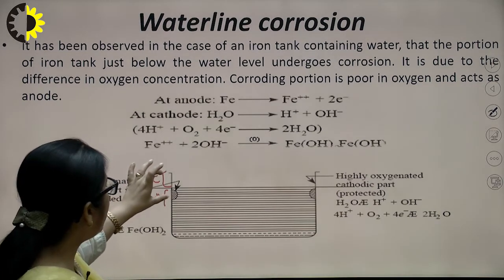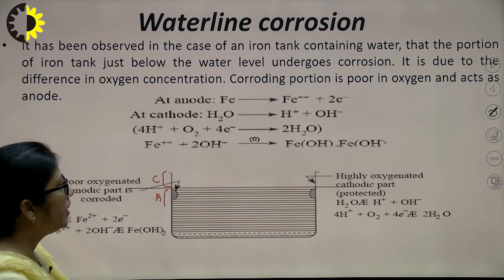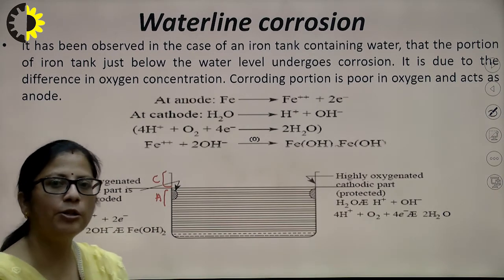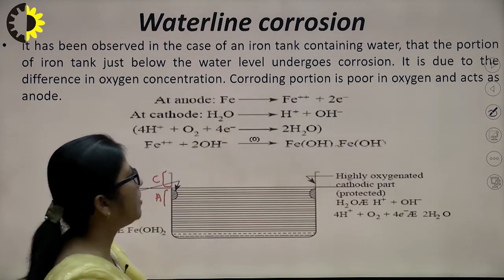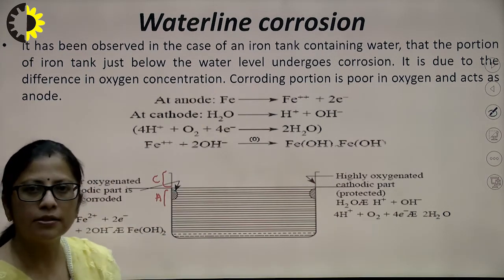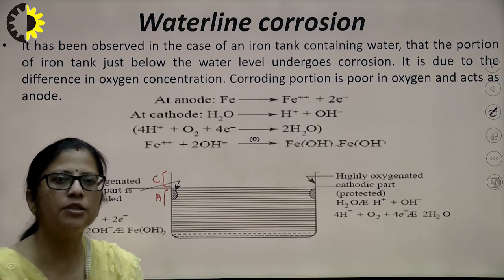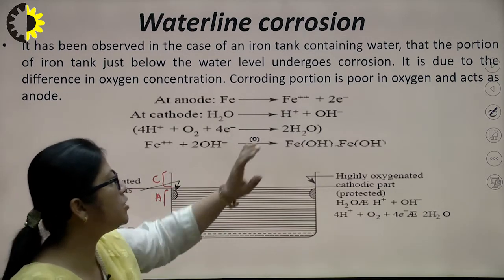So, the corroding portion is poor in oxygen and it acts as the anode. Taking the example of iron, the reaction at the anode is Fe giving Fe2+ and releasing electrons, that is, it undergoes corrosion. At the cathode, since water is present, it breaks down into H+ and OH-.